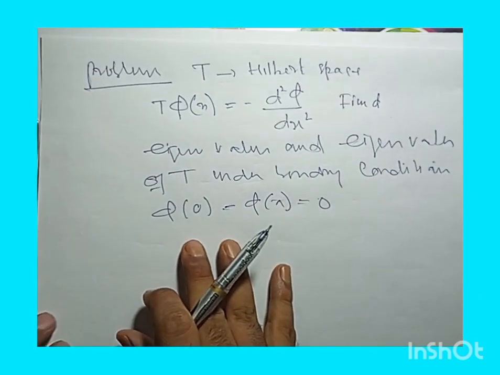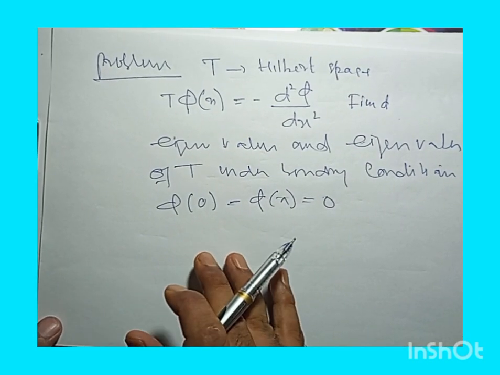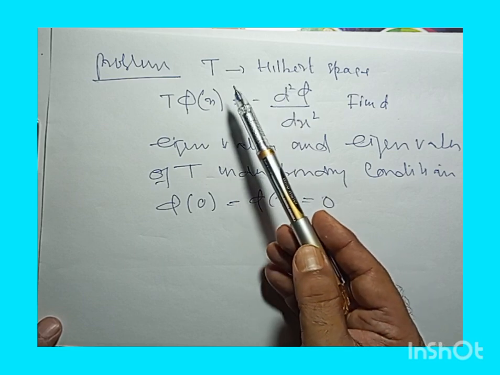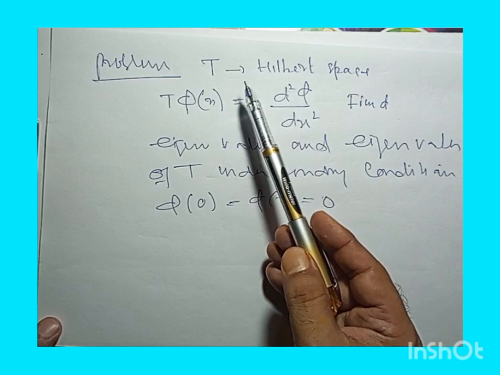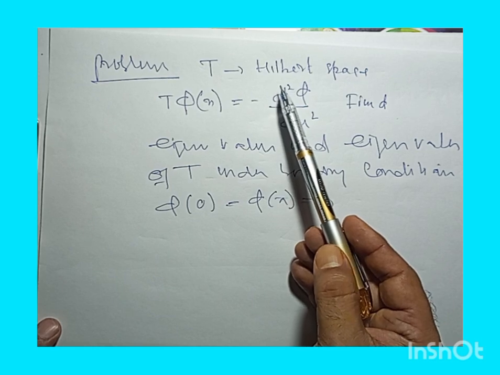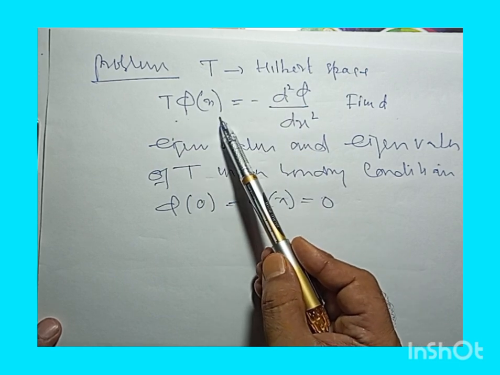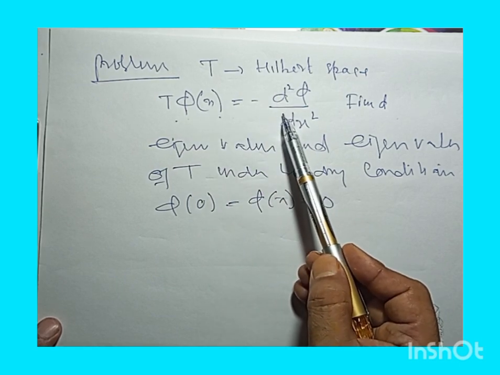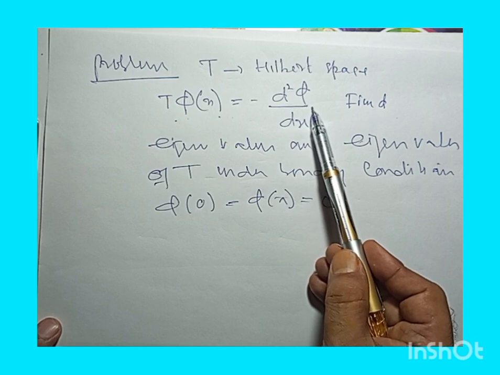The first problem I would like to discuss: I have T, a linear operator, a differential operator in the Hilbert space, and T of phi of x is minus the double derivative of phi.